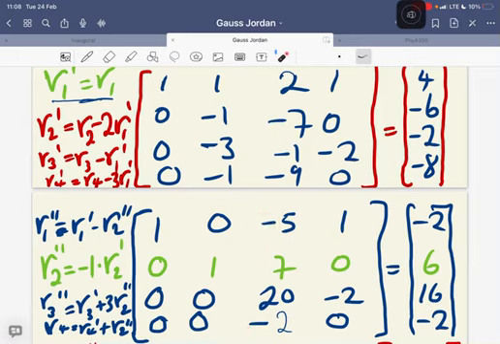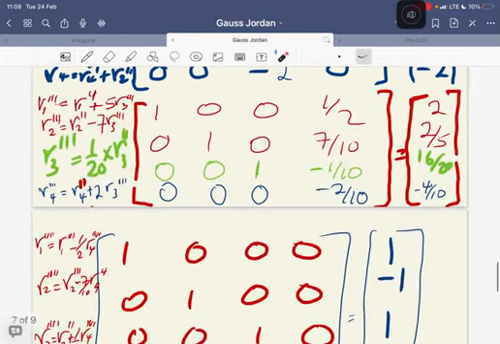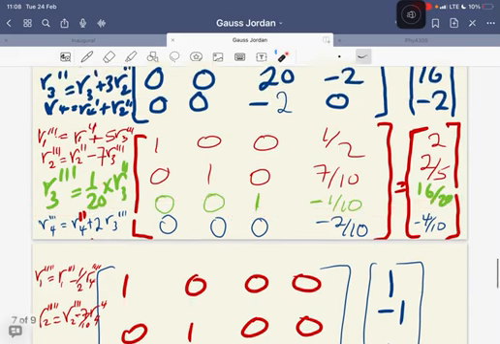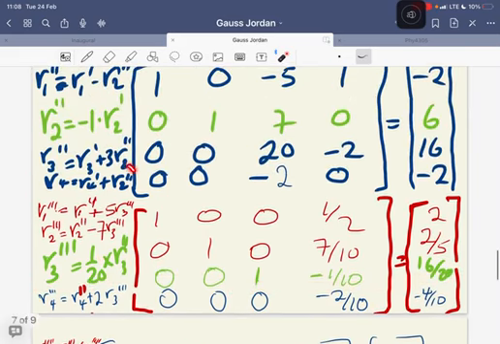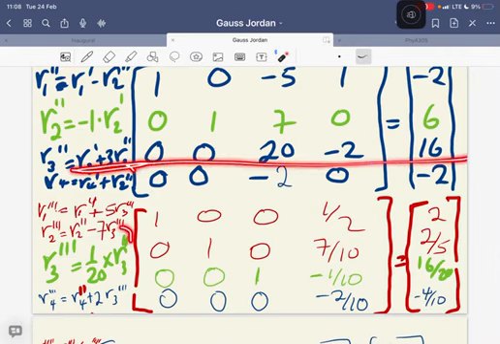So to do that, we now look at this element and make it 1. So we make this element 1 by dividing the entire row by 20.